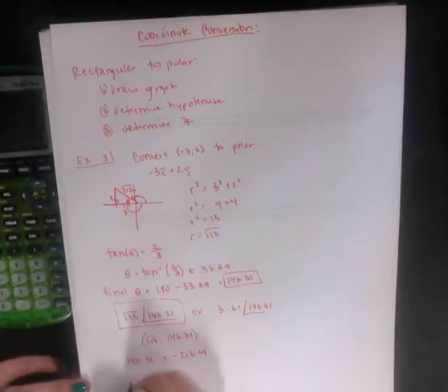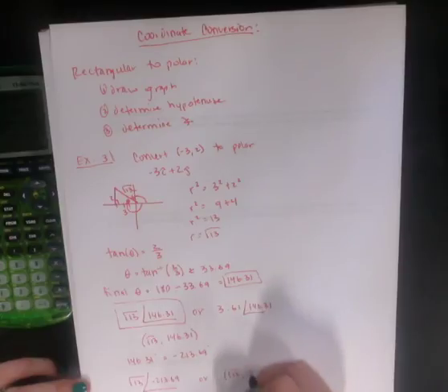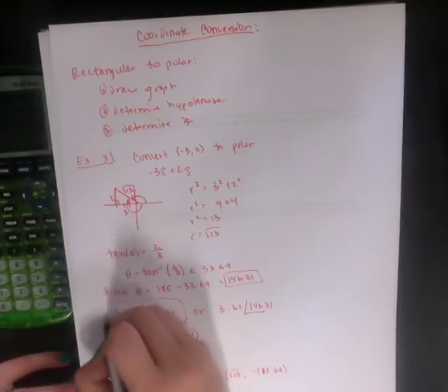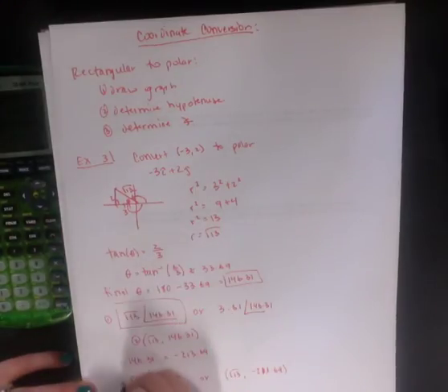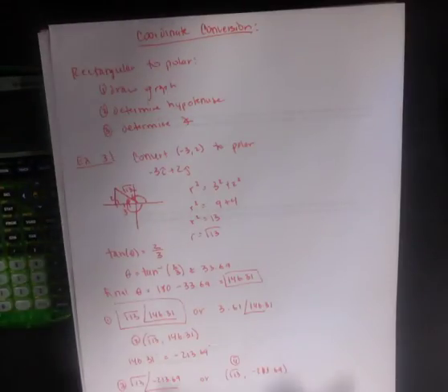So we can also write this as the square root of 13, negative 213.69, or the square root of negative 13, 146.31 plus 180 style variants. Any of these forms would be acceptable. If you see where it says write it in 4 forms, this is 1 form, 2, 3, 4. Those are our 4 forms.